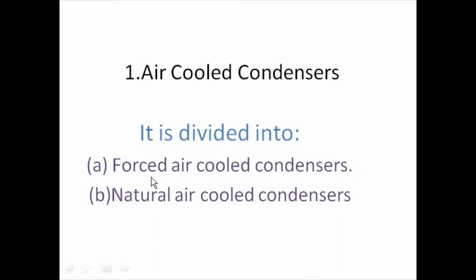Here we use forced air, and here we use natural air. In forced air, the air is forced by something, while here air condenses the refrigerant freely. As an example, here we use atmospheric air, while here we use a fan to provide air to the condenser.